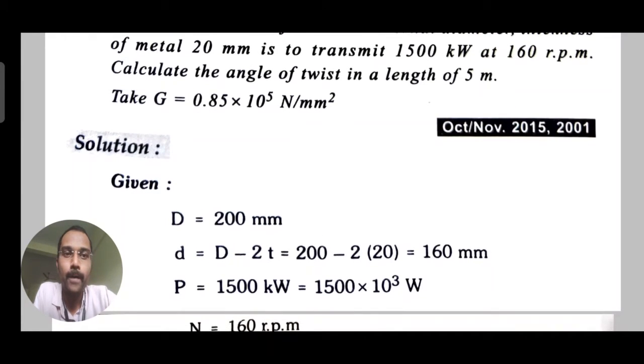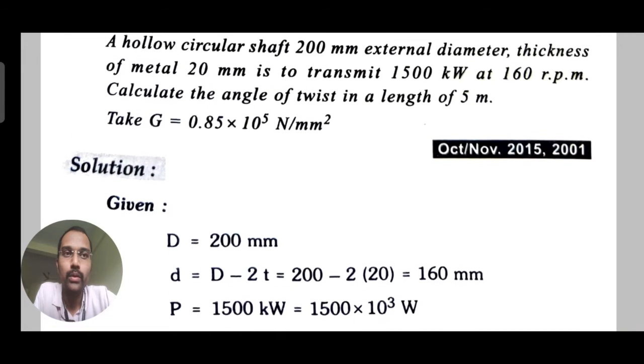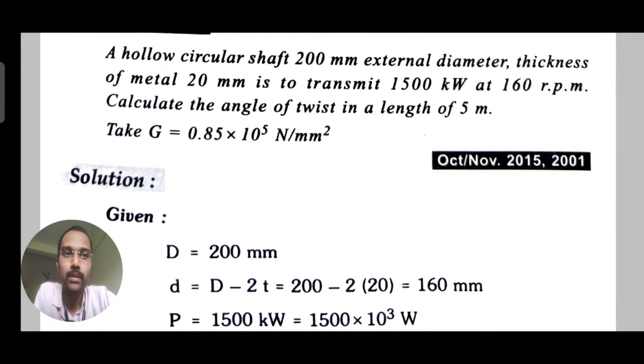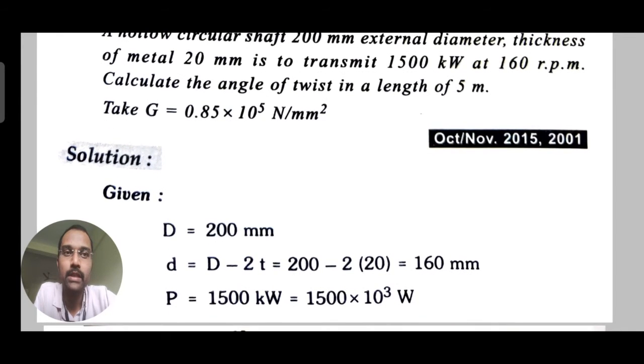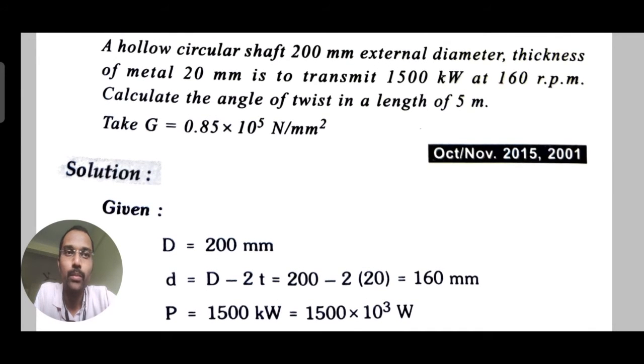Okay, now from the problem, they have given the G value, that is the modulus of rigidity, 0.85 into 10 to the power of 5 Newton per mm square, whereas capital D equal to 200 mm, mentioned in the problem as the external diameter.